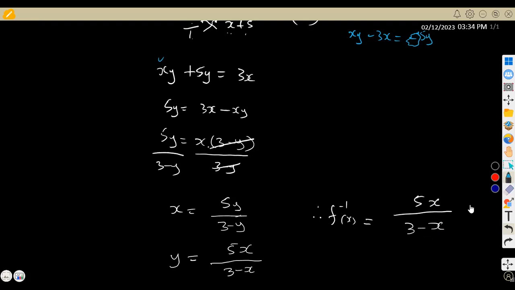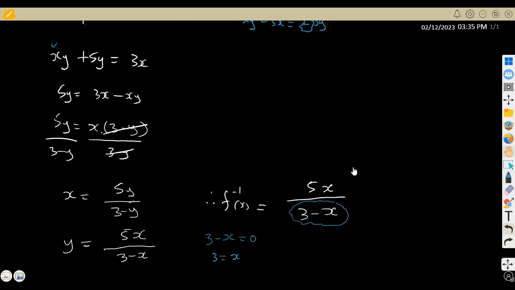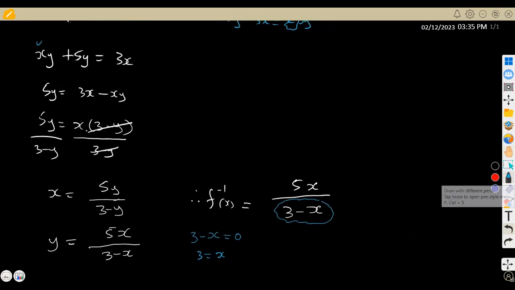Remember, it's a fraction. So in this case, our denominator cannot be equal to 0. So we are just going to find the value of x which makes this denominator equal to 0. So we equate our denominator to 0, so x is going to be equal to 3. If x is equal to 3, our denominator becomes 0.